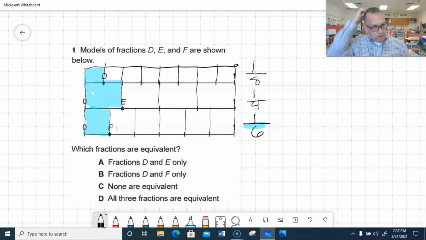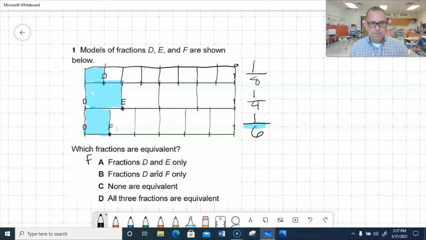So let's go ahead and go through our answer choices and put true and false statements beside them. Answer choice A, fractions D and E only are equivalent, is what they're saying. True or false? It looks like D and E are not the same length, so that would be a false statement.